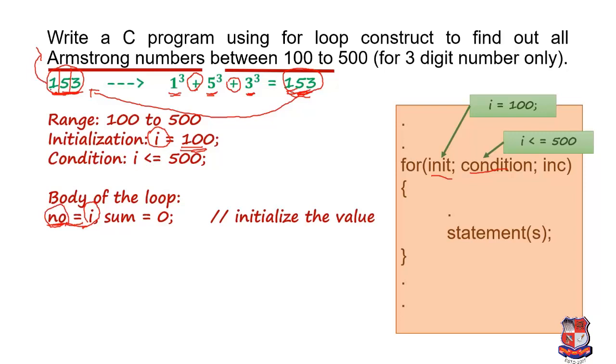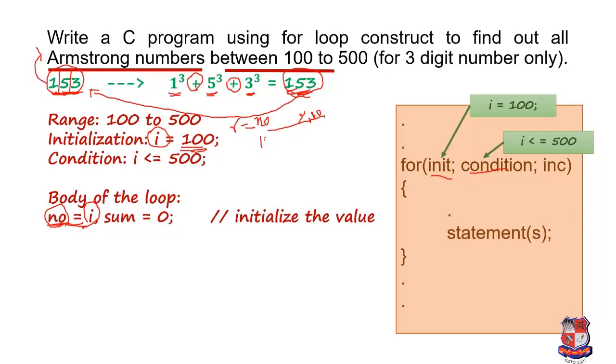Firstly I have to separate all 3 digits from this number, and we already discussed how we can separate the digits from any number, in the program of reverse number. For that we use the concept of modulo 10. So we take number modulo 10 and store it into the remainder.